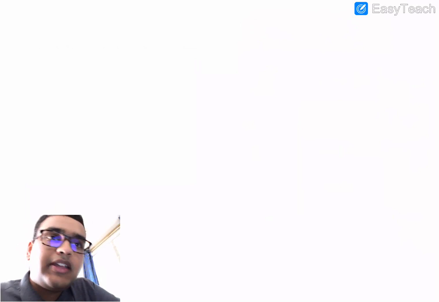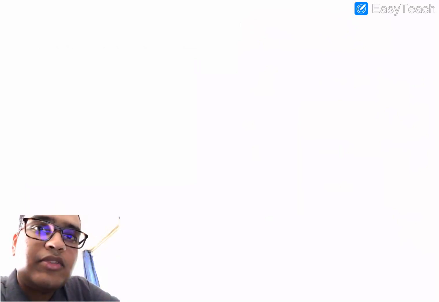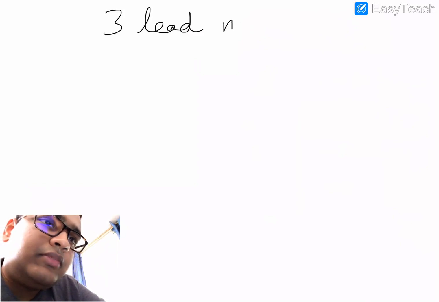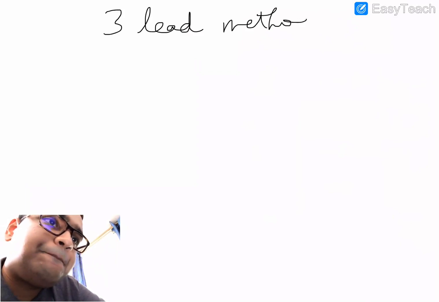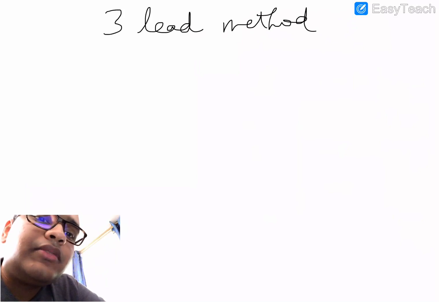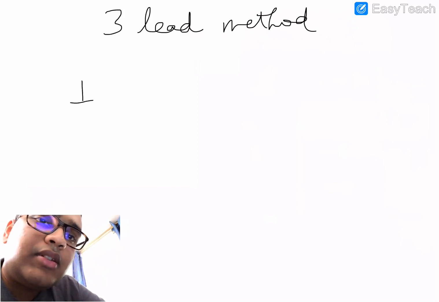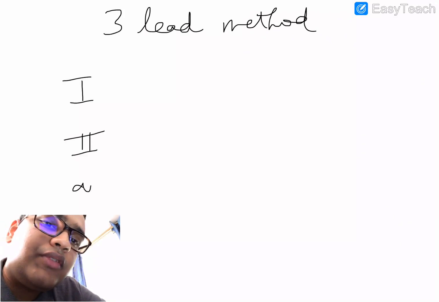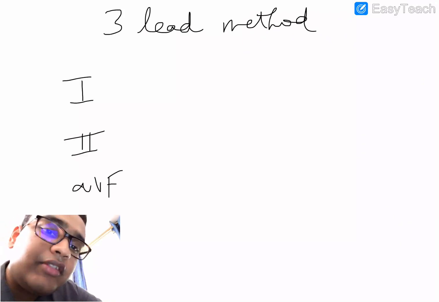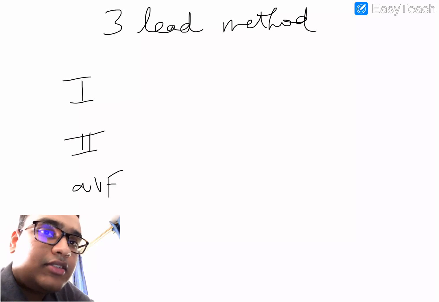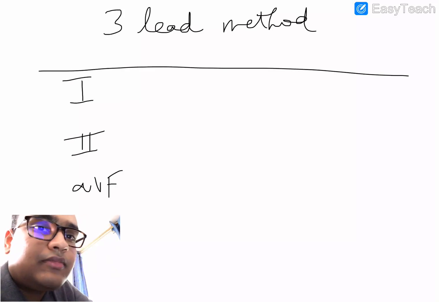Now let's come to the next method, which is a more accurate method, known as the 3 lead method. In the 3 lead method, we see lead 1, lead 2, and AVF. Instead of AVF, we can also see lead 3, but AVF would be better.